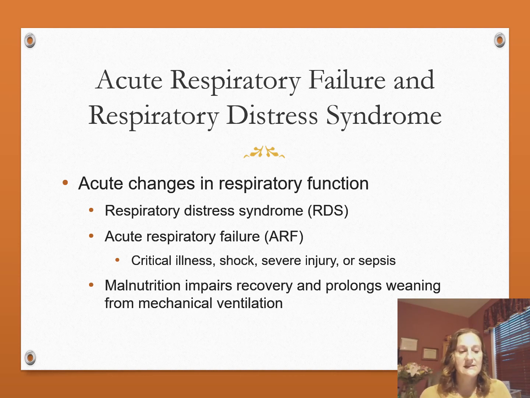It exists in most cases, which negatively impacts nutrition status. And if that malnutrition is severe, it decreases the probability of weaning that patient off the vent, because the chest muscles are just not strong enough to wean from the vent.